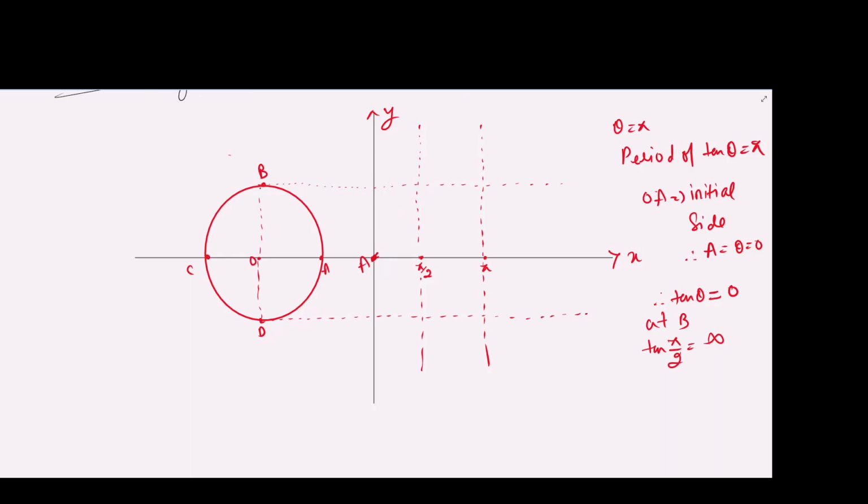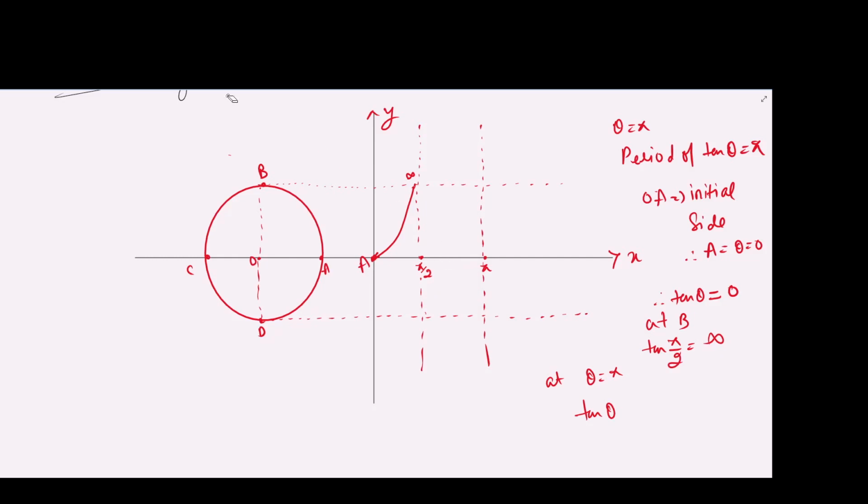So it will increase like this. It will not touch the vertical line. It will go up to infinity. Then again at theta equal to pi, tan theta is 0. So from here it will go like this.